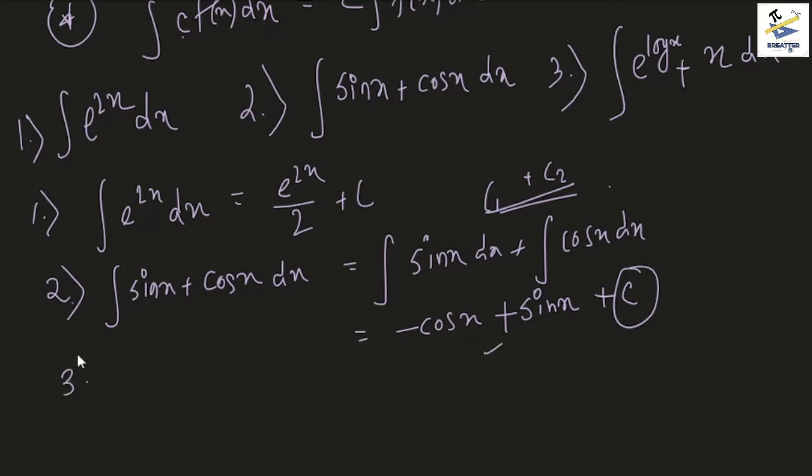And for the third one, it's e to the power log x plus x dx. But we observe that e to the power log e of x, which is the natural logarithm, is just x.